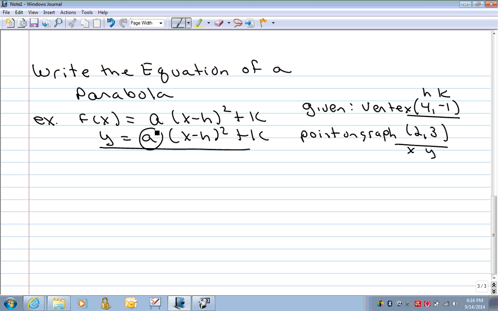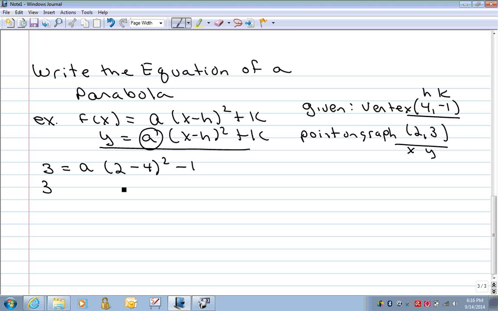All right, here we go. So the first thing we're going to do is plug in our y, which is 3. We don't know the value of a. Our x, which is 2, minus our h, so minus 4, squared, plus k, which happens to be negative 1, so it'll be written as minus 1. All right, the next thing we're going to do is begin to solve.